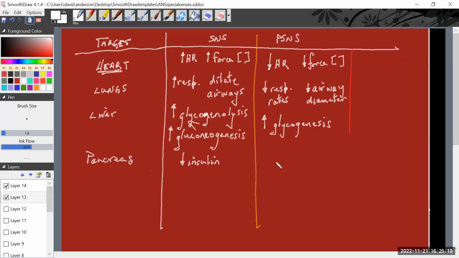So the parasympathetics will do the opposite of what the sympathetics do, and so we'll see an increase in insulin release from the parasympathetic side of things. Now, the pancreas is also an organ that produces enzymes for digestion. But in fight or flight, we don't want to be eating or digesting, so we're going to decrease enzyme production.